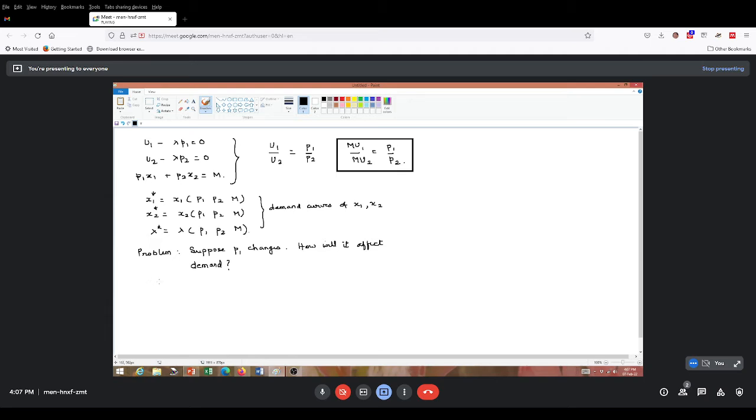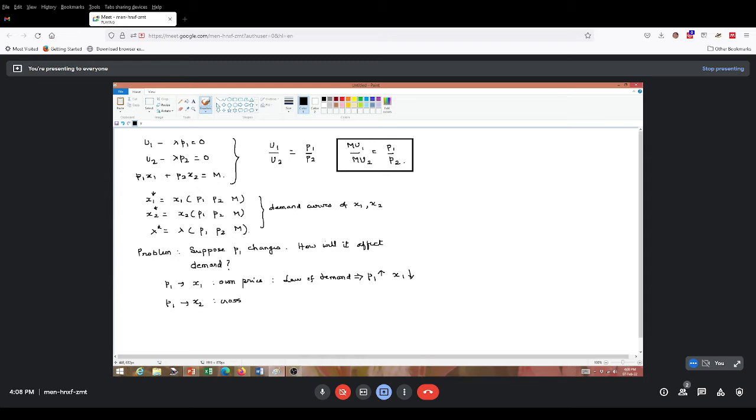First we are going to look at if P1 changes, how will this affect X1? So we are looking at own price. From the law of demand, we know that if P1 increases, then X1 will fall. If we look at cross price, so P1 changes and we want to see what happens to, let us say, X2.